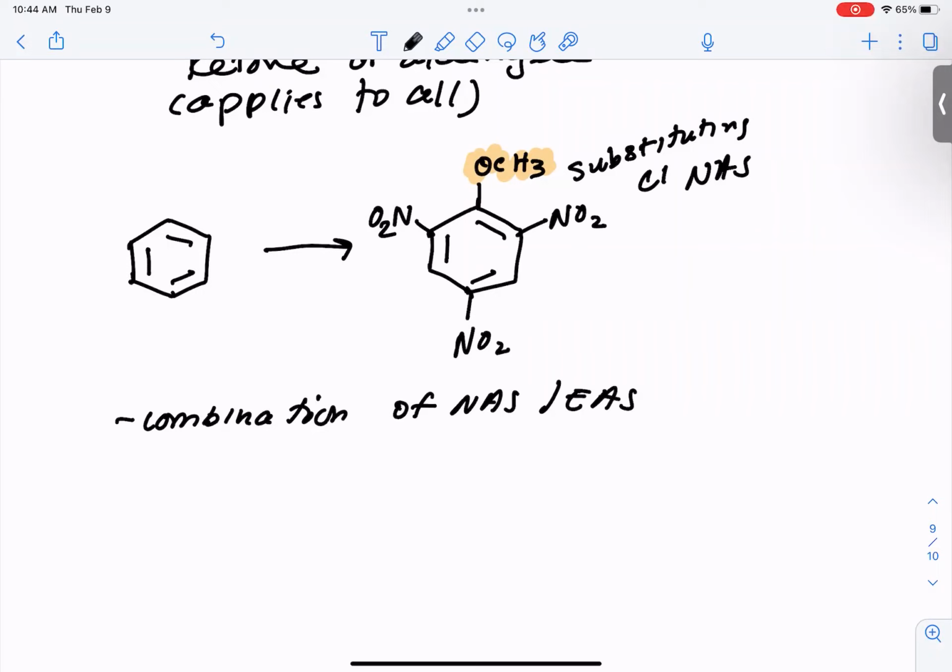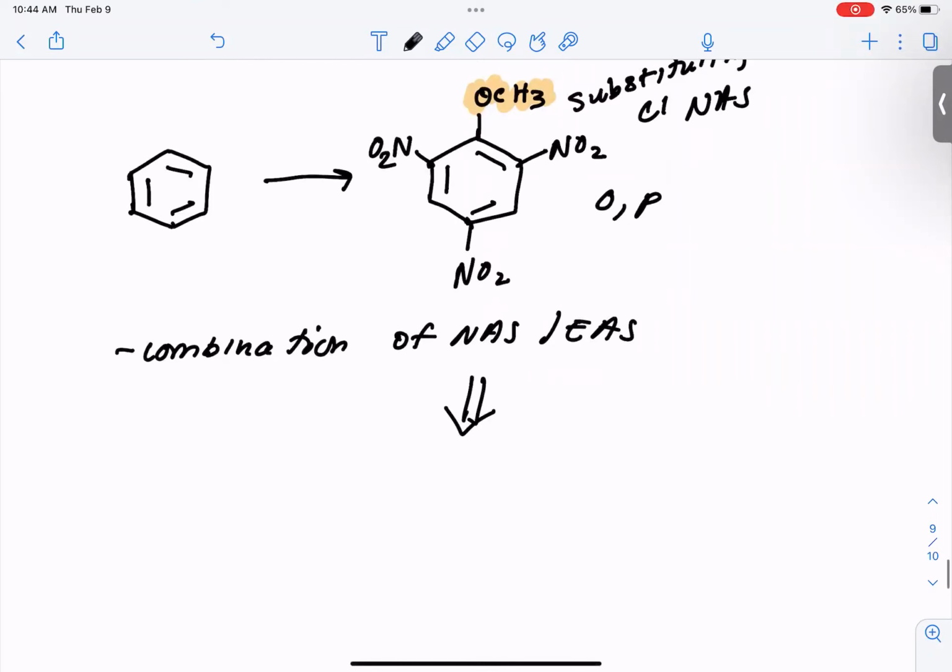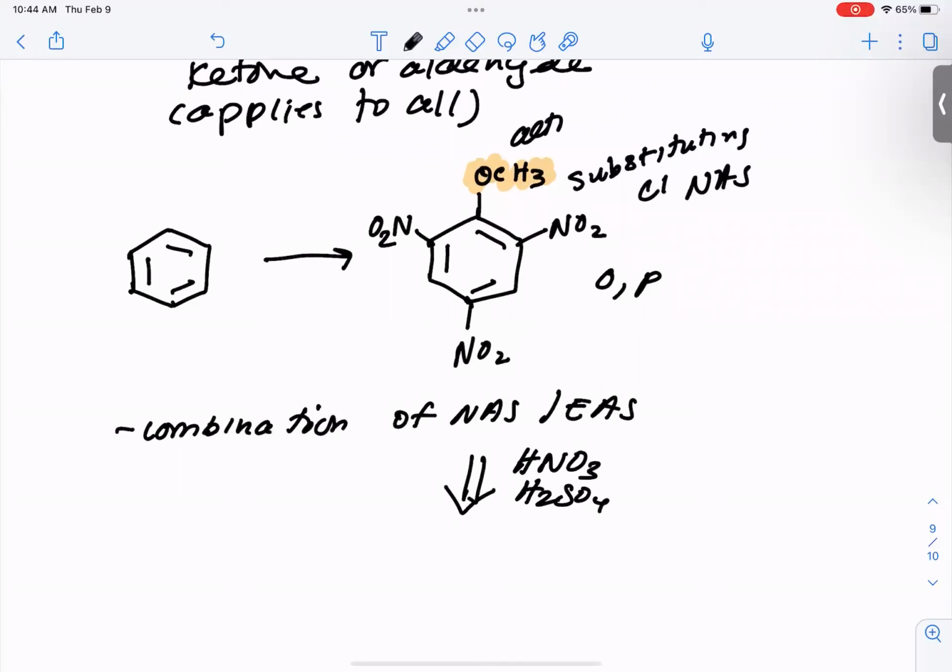All right, what's the relationship of the nitro groups to that methoxy substituent? Right, they're ortho and para. So you had to do the nitration last, right? Because that methoxy group is activating and it's an ortho para director.